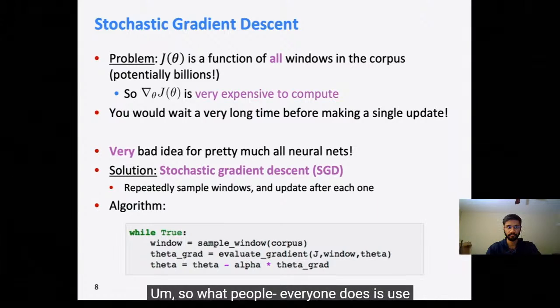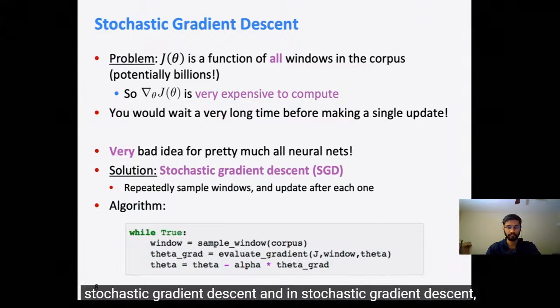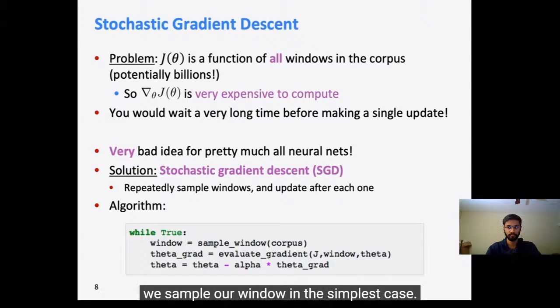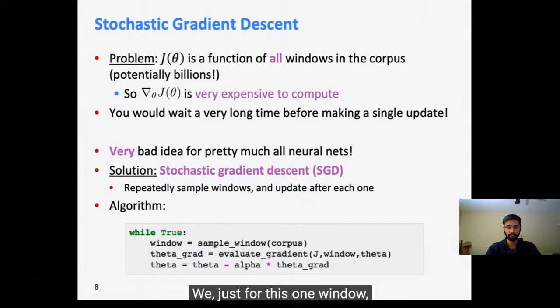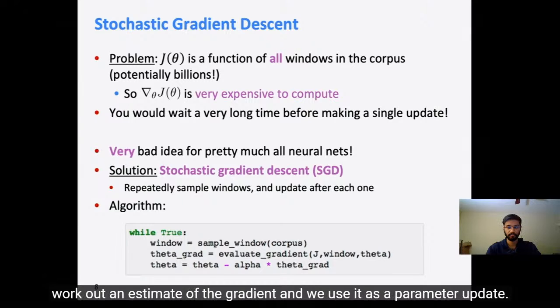So what everyone does is use stochastic gradient descent, and in stochastic gradient descent, we sample a window in the simplest case. Just for this one window, we work out an estimate of the gradient, and we use it as a parameter update.